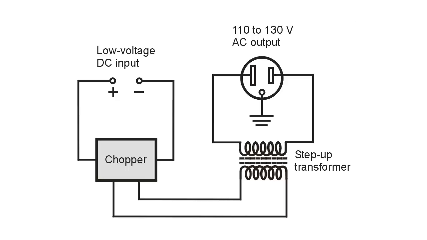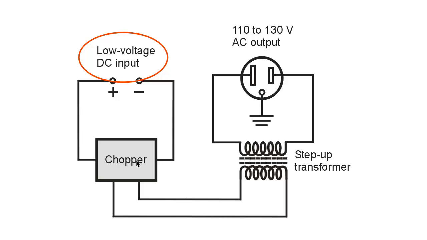Here's a simplified block diagram of a power inverter. Here's our low voltage DC input that we might get from the power supply attached to our generator, positive, negative. It goes into something called a chopper, which interrupts the DC and breaks it up into pulses.